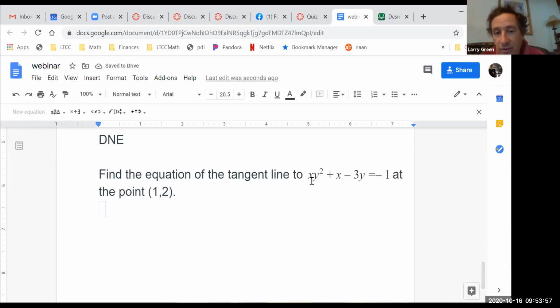So we take the derivative of x, which is 1 times y squared, and then plus 2xy prime, because we have x times the derivative of y squared. Derivative of y squared is 2y times the y prime because of the chain rule. Putting it together gives you the 2xy prime. Okay, then minus 3y prime equals 0.